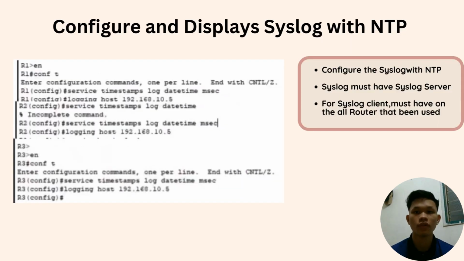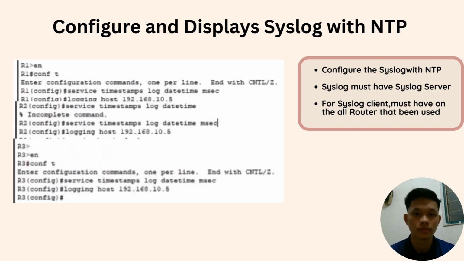For Task 3, configure and display Syslog with NTP. On Router 1, Router 2, and Router 3, we use the same commands, which are service timestamps log datetime msec, and next logging host 192.168.10.5. The IP address on the three routers is the same.